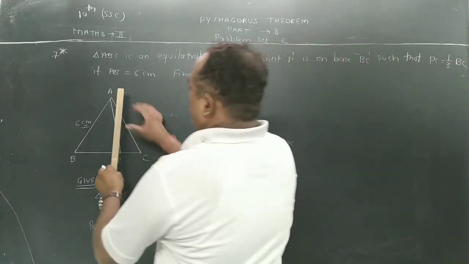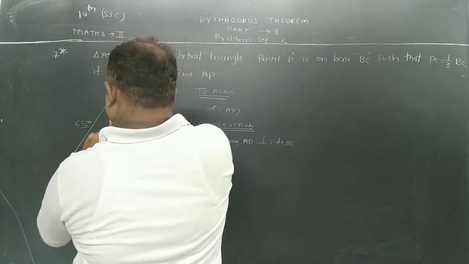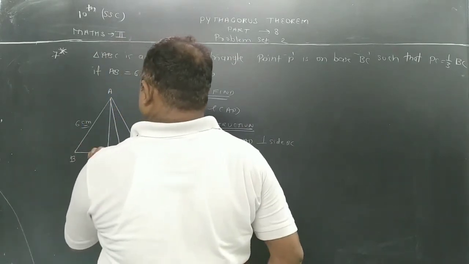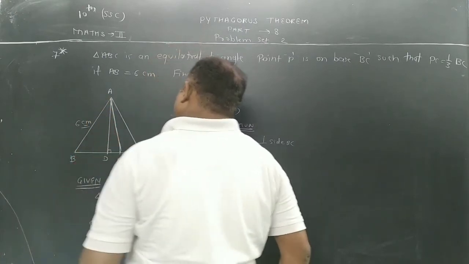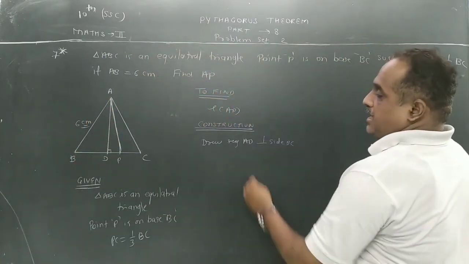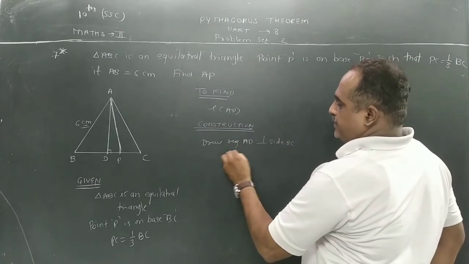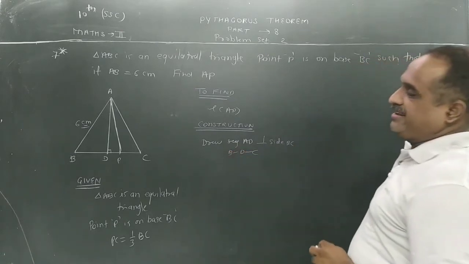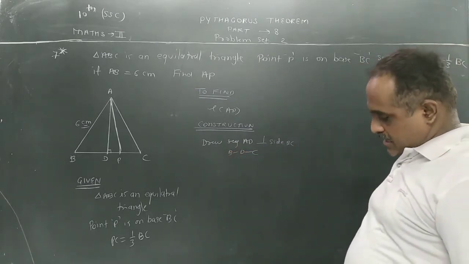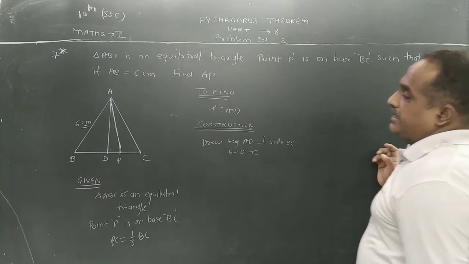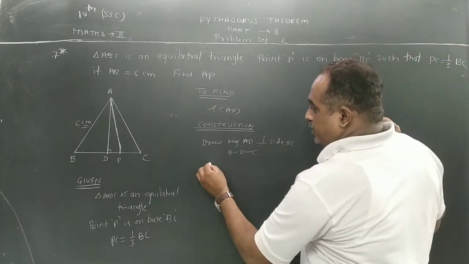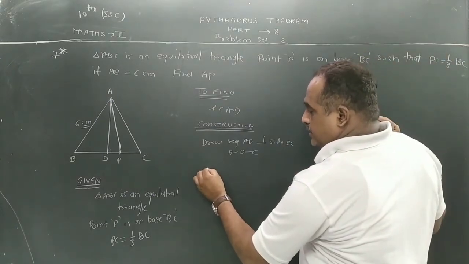So I'm going to draw a perpendicular from this to this BC, and B, D and C are collinear points. Now we have to find AP. Okay, so what I will do, just see. Solution.